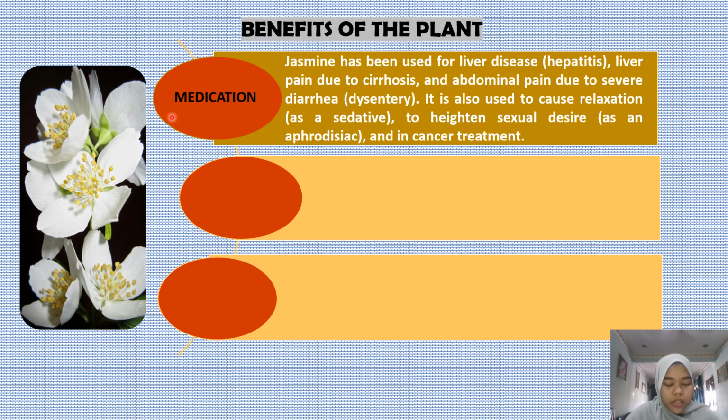In medication, jasmine has been used for liver disease, hepatitis, liver pain due to cirrhosis, and abdominal pain due to severe diarrhea or dysentery. It is also used to cause relaxation as a sedative, to heighten sexual desire, as an aphrodisiac, and also used in cancer treatment.